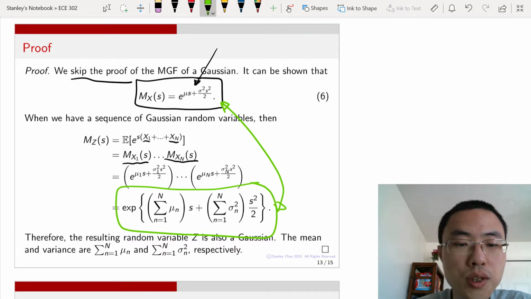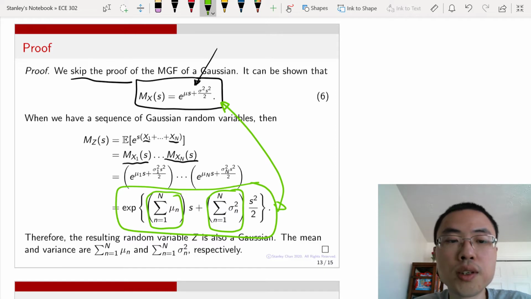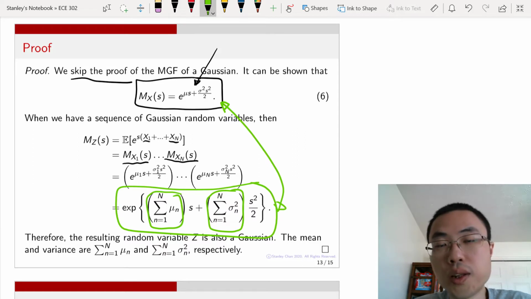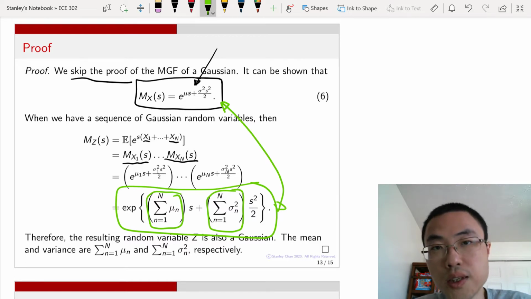It's just that the mu is replaced by this mu, the sigma squared is replaced by this sigma squared. And therefore, we can conclude that if you sum n Gaussian random variables with different means and different variances, the new random variable Z will also be a Gaussian with the sum of the means and the sum of the variances.